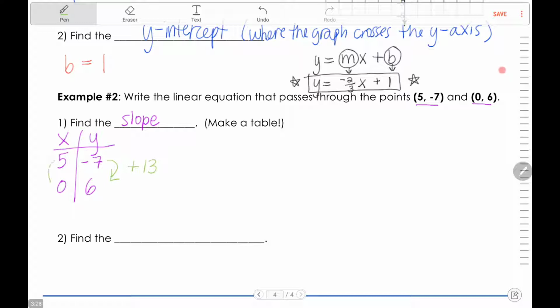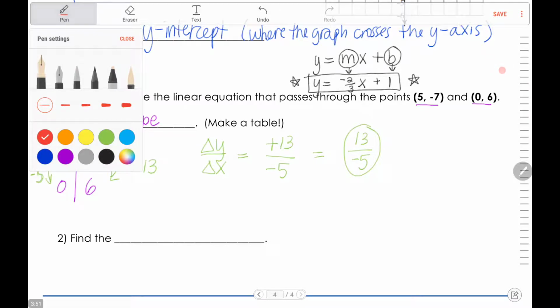From 5 to 0, it's going down, negative, by 5, -5. So my change in y over the change in x is +13 divided by -5, which is 13 over -5. This is our slope. It's our m.